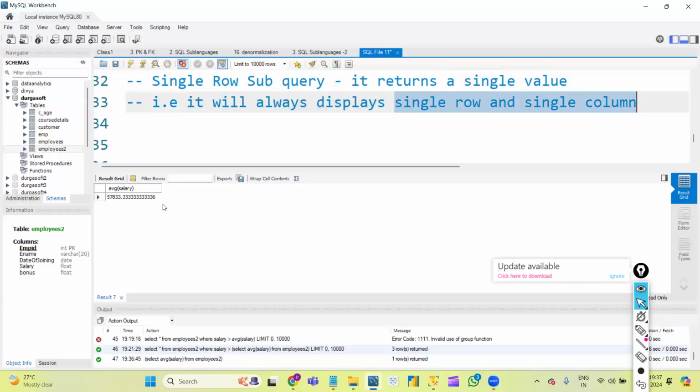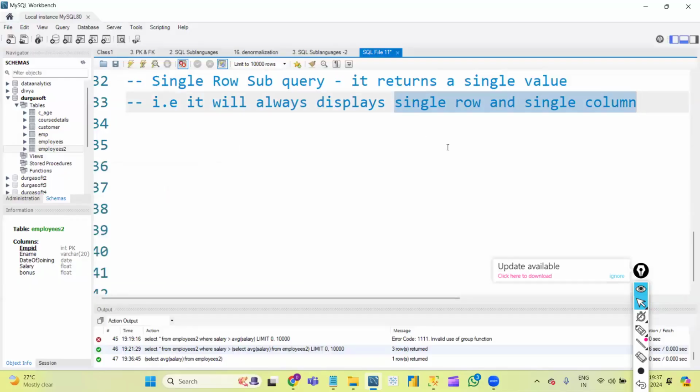If you can see, we have only a single row here and a single column here. Basically, we can consider this as a single value, right? So whenever we are solving any subquery, if the subquery displays the result as a single value, that subquery is considered a single row subquery.